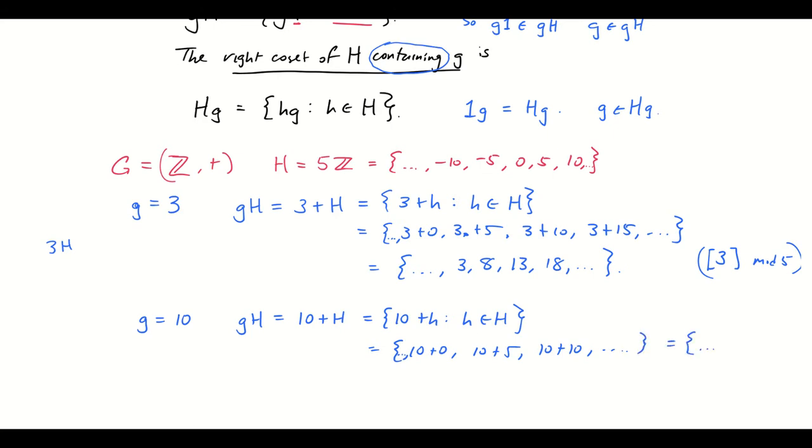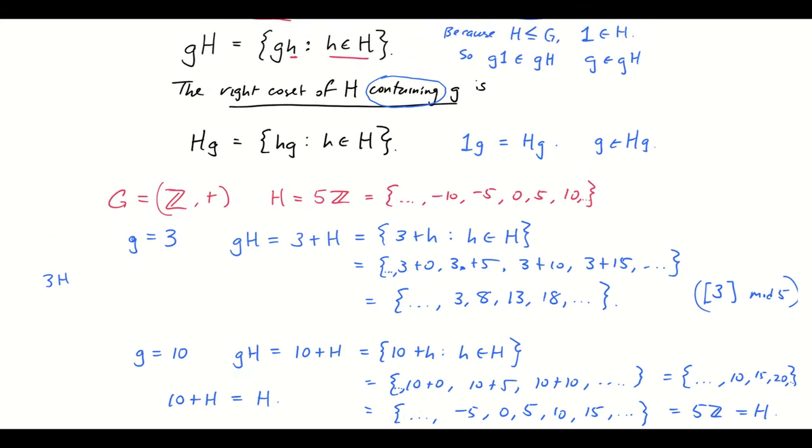Well, that's going to be the subset containing these numbers, which actually, if I extend a bit, that's the same thing as this set, which is actually just the set 5Z, which is H. So in this case, I have that 10 plus H, this left coset, is equal to the subgroup itself. And that's something that's generally true.